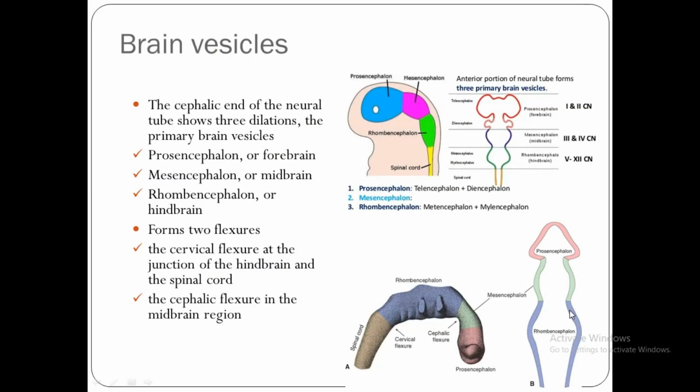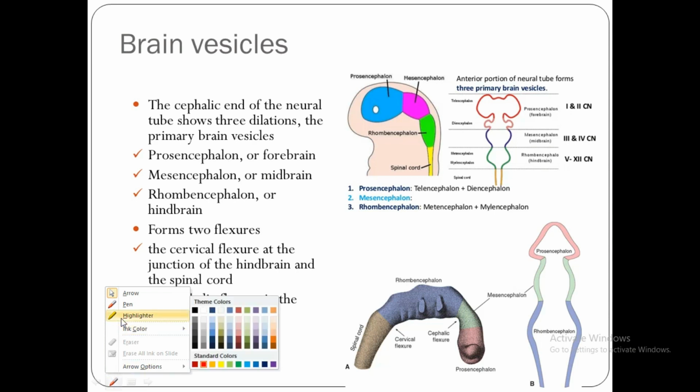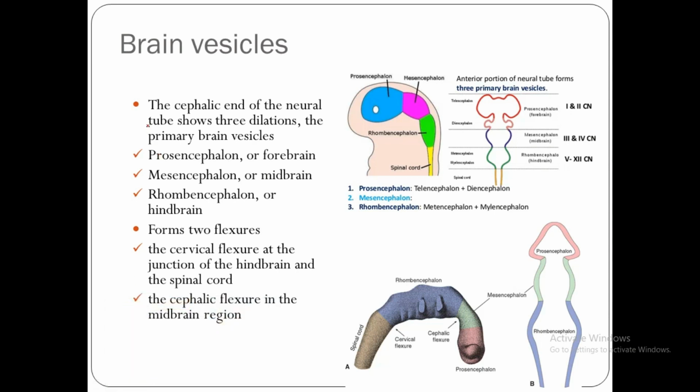Now we talked about the neurulation, the formation of neural folds, and the neural groove. Now we are coming to the development of brain vesicles that can be considered as a precursor for the adult brain or the mature brain. Initially, you see now how the story is started.